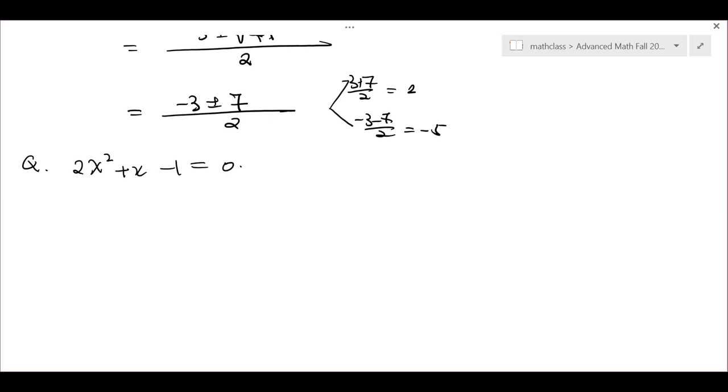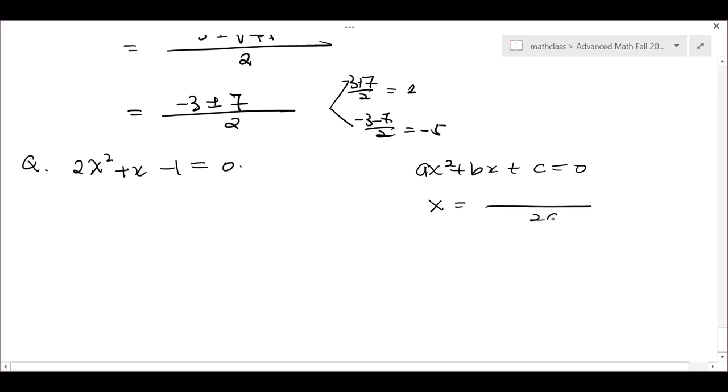All right, so 2x squared plus x minus 1, that's the equation, right? So we compare it with the formula, ax squared plus bx plus c equals 0. And we know there are two solutions given by the quadratic formula, negative b plus or minus the square root of b squared minus 4ac, over 2a.